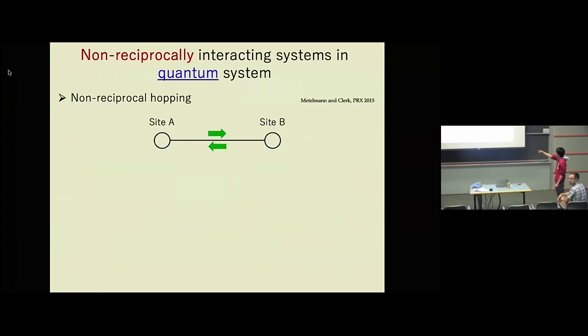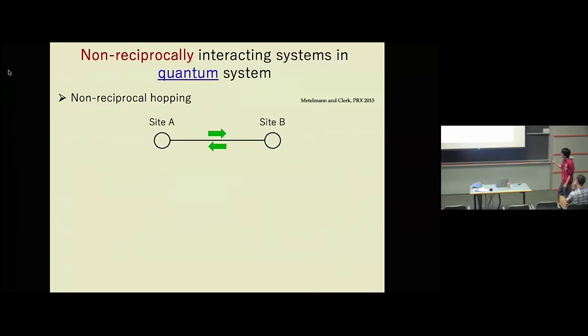Let's say this is a two-site model. This is an atom that can hop from site A to site B. If it were a closed system, because the Hamiltonian has to be Hermitian, this has to be a reciprocal hopping.